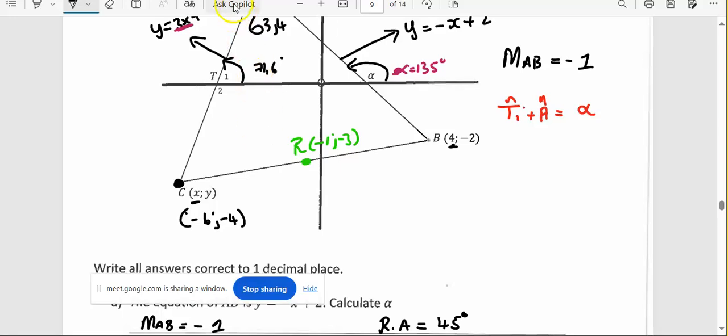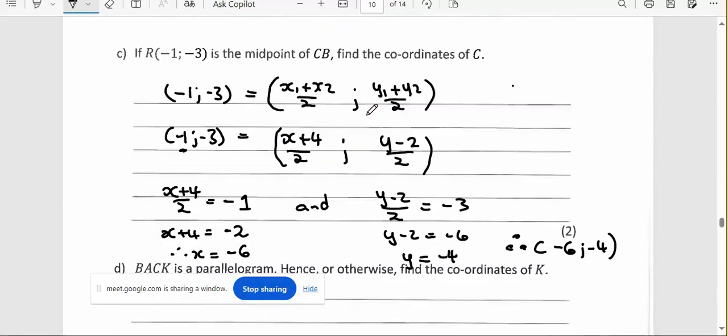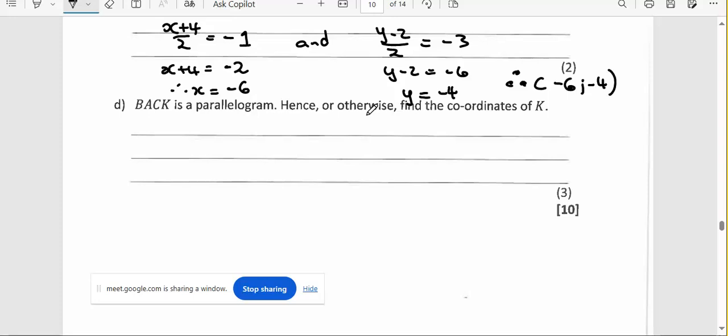Nice. Okay. So now let's attack this one. I think this is the last question. They say that BACK, it's a parallelogram. Hence or otherwise. So they bring that word again.